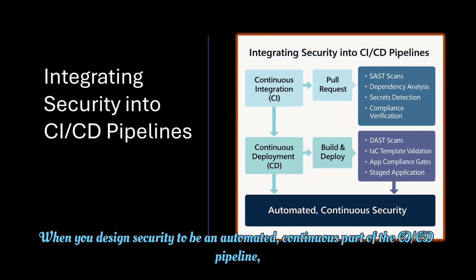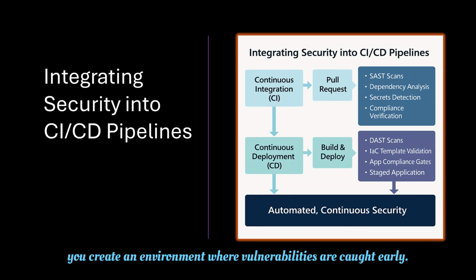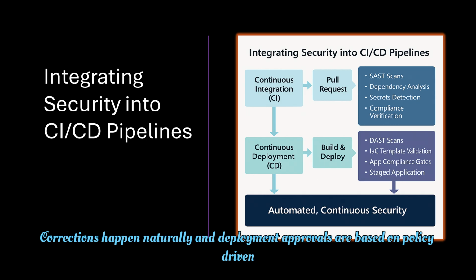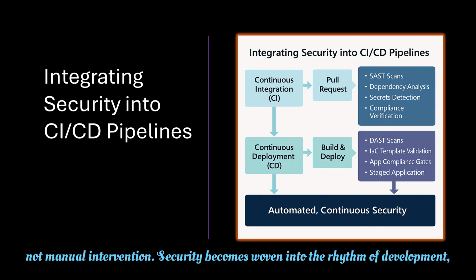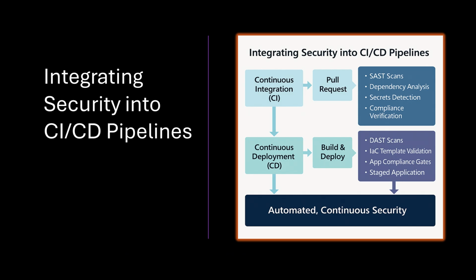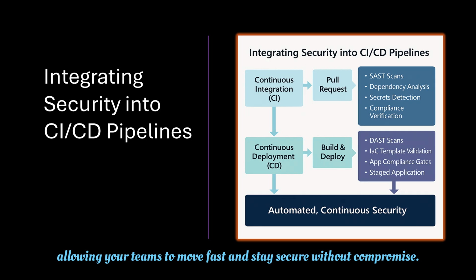When you design security to be an automated, continuous part of the CI/CD pipeline, you create an environment where vulnerabilities are caught early, corrections happen naturally, and deployment approvals are based on policy-driven trust, not manual intervention. Security becomes woven into the rhythm of development, allowing your teams to move fast and stay secure without compromise.